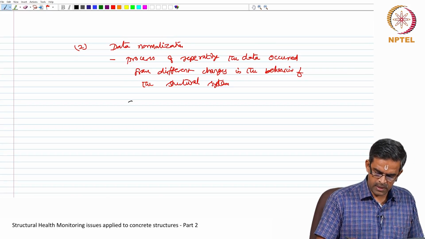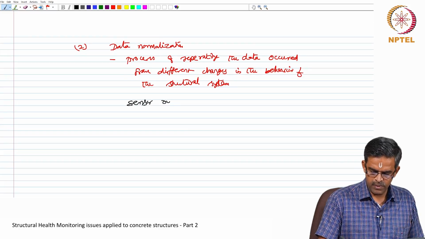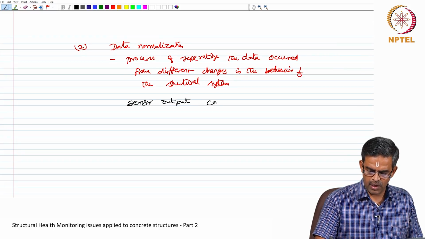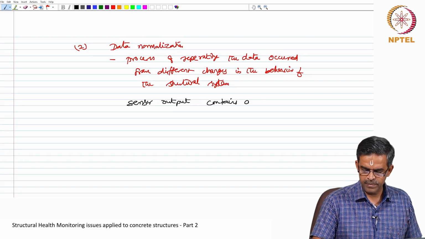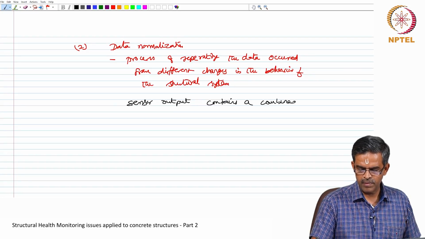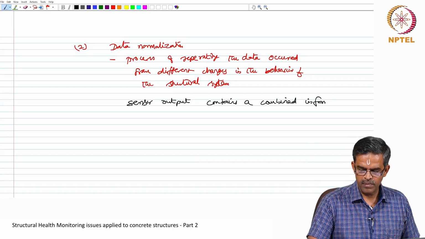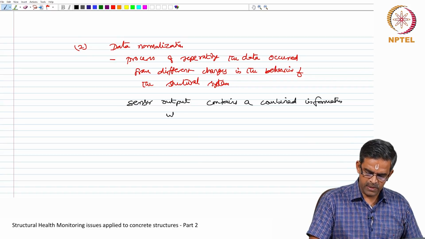Because the sensor output contains a combined information which is very complex to separate.